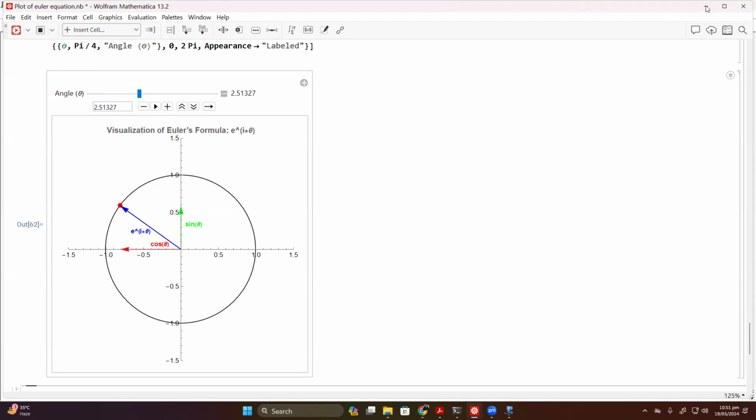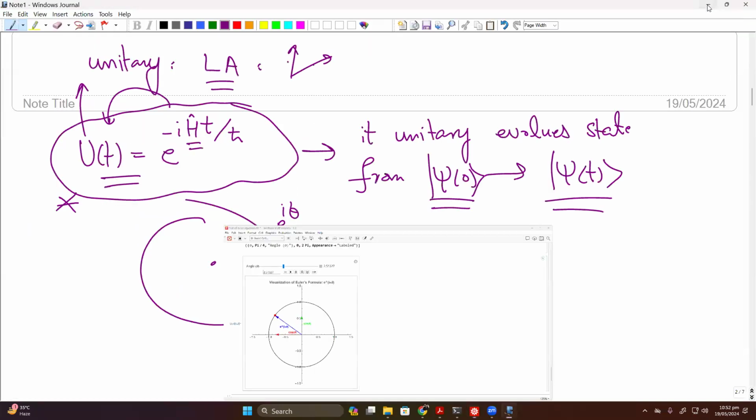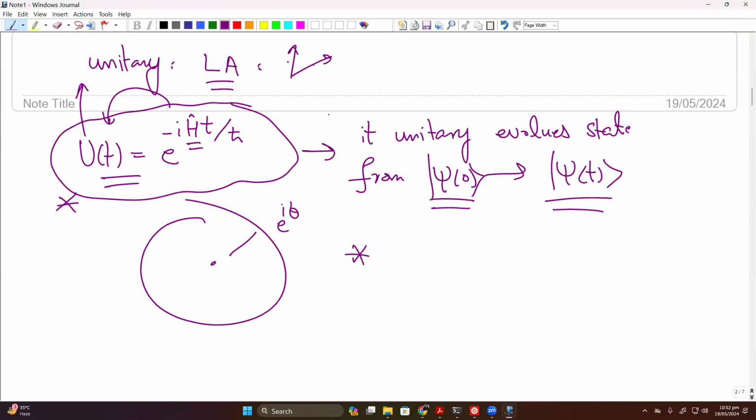So the operators in a closed quantum system are unitary operators, and they can be pictured as just a rotation along some circle, only rotation, no stretching or shrinking, because shrinking would mean that you are losing some probability, or there's a leakage from the system, and so on. So this is a little connection between quantum mechanics and Euler's formula. This thing is similar to our e to the i theta, the Euler's formula.